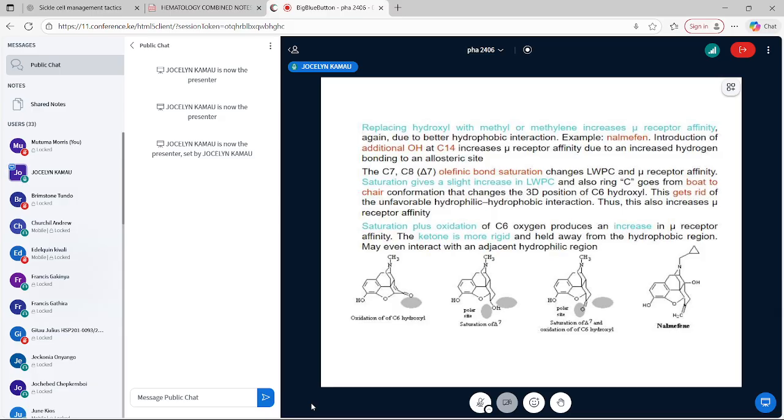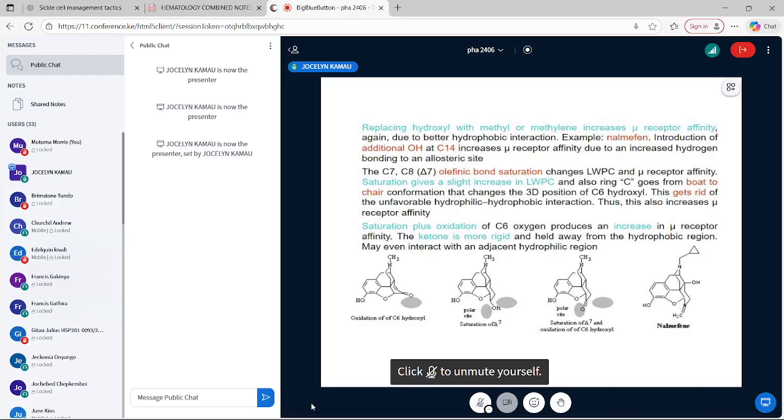But before we move on, I want us to understand what happens when we change the hydroxyl group at position number 6 to a ketone and also do saturation, because it all is about changing the binding, shifting the group a little bit, removing the hydroxyl group. The hydroxyl group is very highly polar compared to the carbonyl group. The carbonyl group has a slightly higher lipid solubility than the hydroxyl group, and it's just about the binding with the receptor.